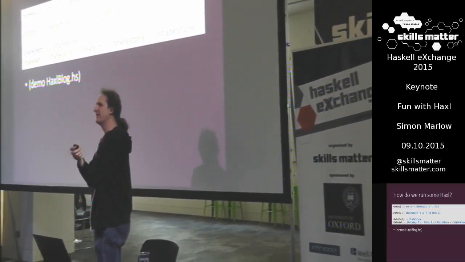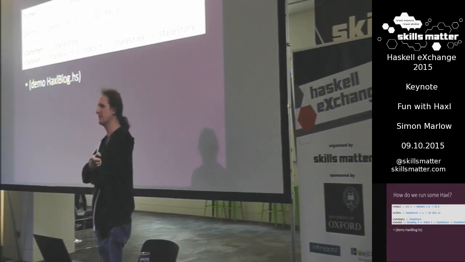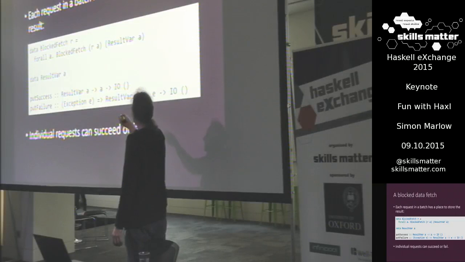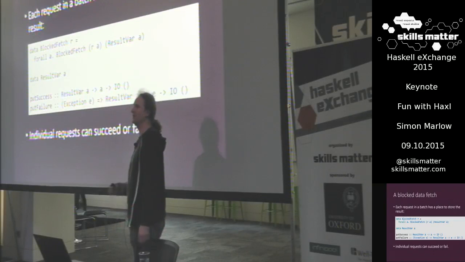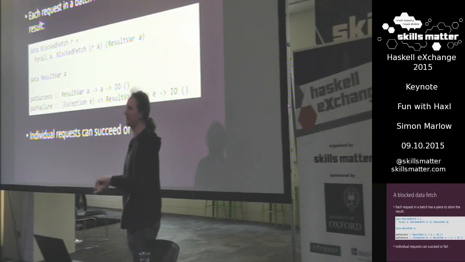Right, and the Result of a block fetches maybe results. So you would need to have a different kind of result. You would need to have something equivalent to block fetch which corresponded to a result, right? And you would need to return those, and then the framework would need to match up requests with results and pass them back to the right place. You could probably do that, yes.